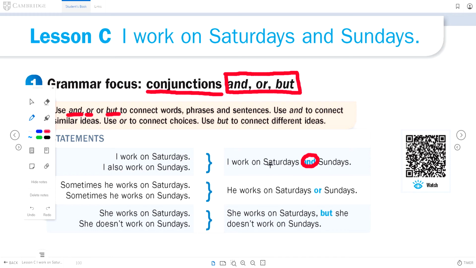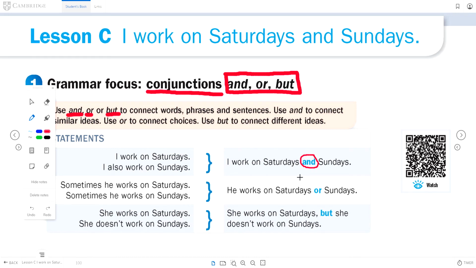For example, I like rice and beans. I like both rice and beans. When you think about and, think about addition. You're adding things. Saturday plus Sundays.